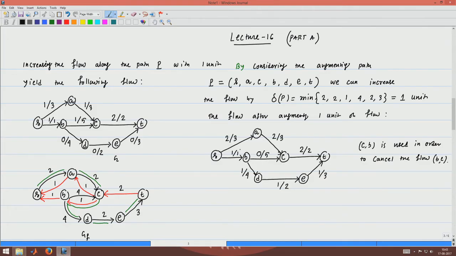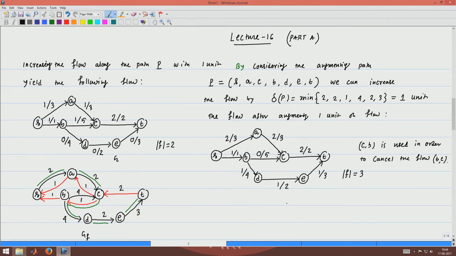The flow value of the previous network was 2. Now the flow value has increased by 1, and the new flow value is 3.